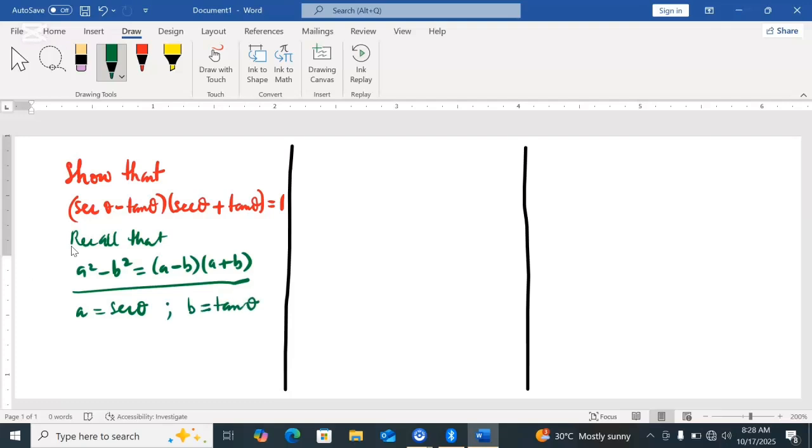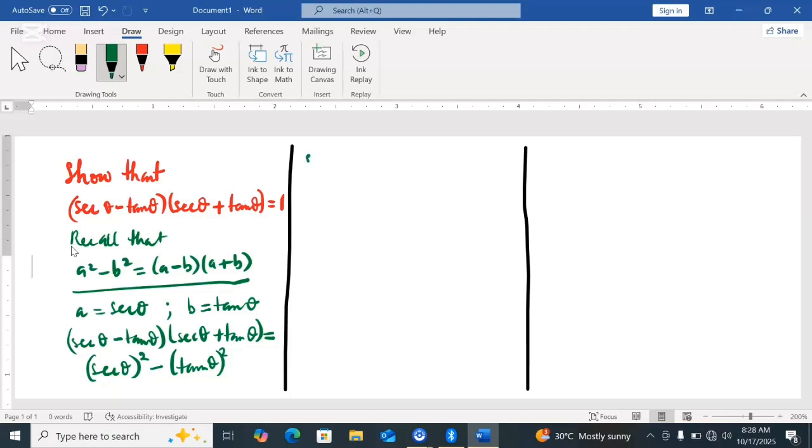If that is the case, then the expression (sec theta minus tan theta) multiplied by (sec theta plus tan theta) will be equal to the next line, (sec theta) all squared minus (tan theta) all squared. So that is by difference of two squares.